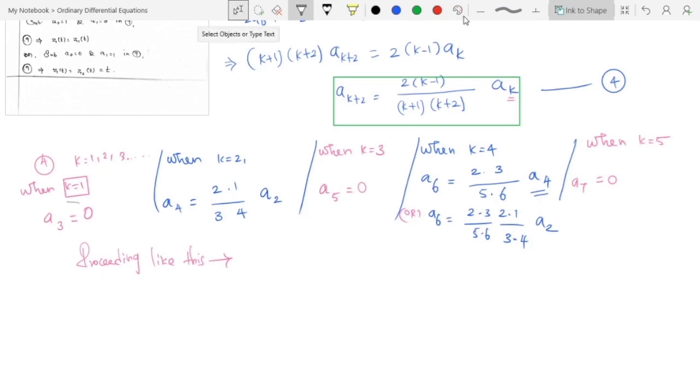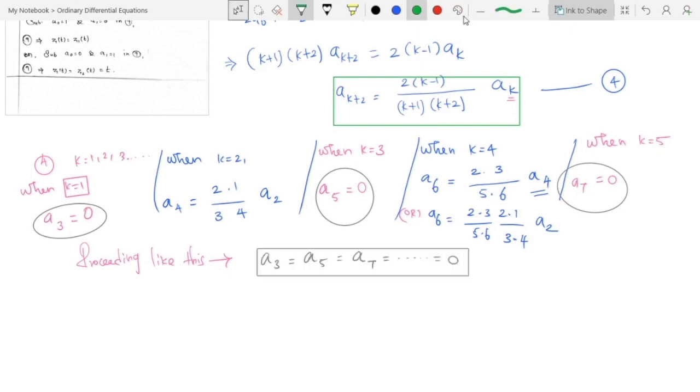Proceeding like this, we get a suffix odd numbers equal to 0, that is a3, a5, a7, a9 and so on equal to 0. For a suffix even numbers, a4, a6, we can write a8 in the series as follows. Comparing a4 and a6, the numerator is a multiple of 2: 2 into 1, here 2 into 3.